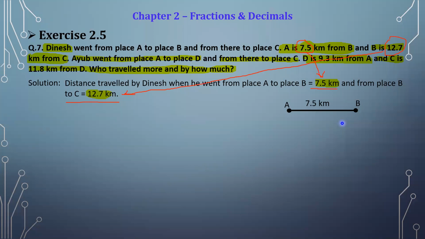Now from B, Dinesh is traveling to place C. Suppose the second place C is there. So he is traveling from B to C, and the distance between B and C is given as 12.7 kilometer.